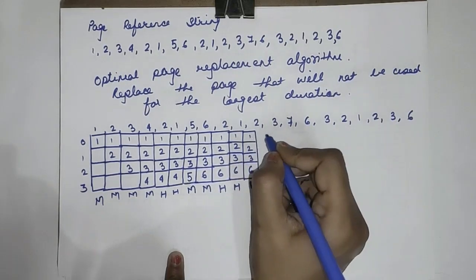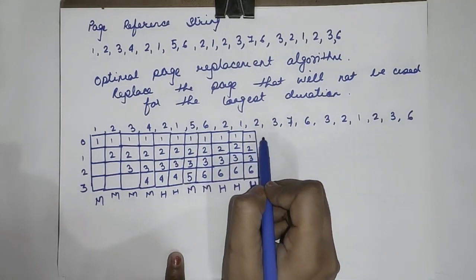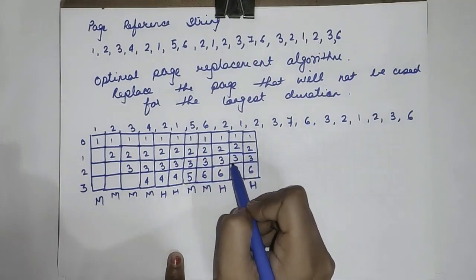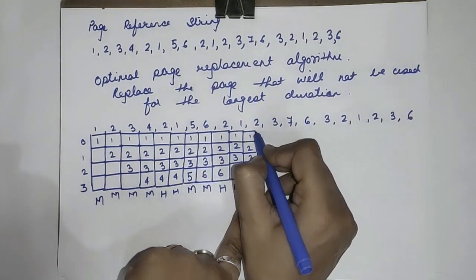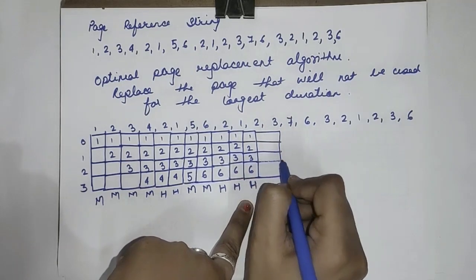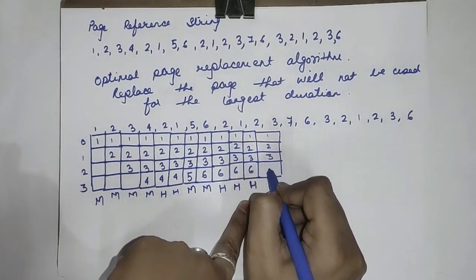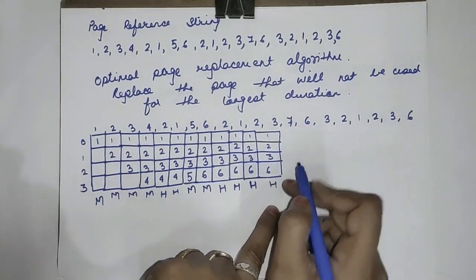Then 3. I did 2 hit, 1 hit, 2 hit, then 3. 3 is already present in memory, so 1, 2, 3 and 6, a hit again. So I got 4 continuous hits.